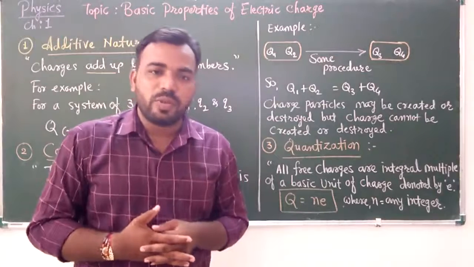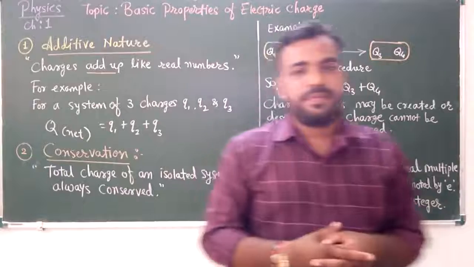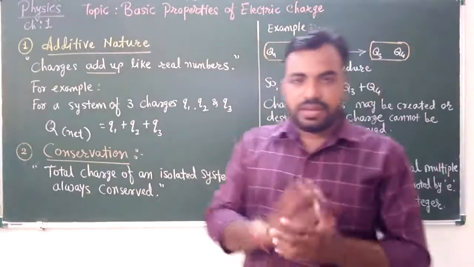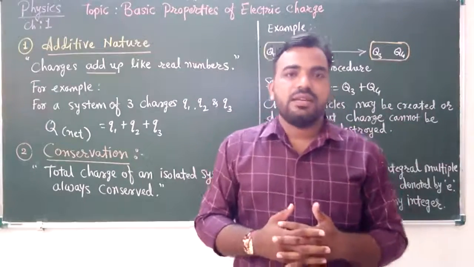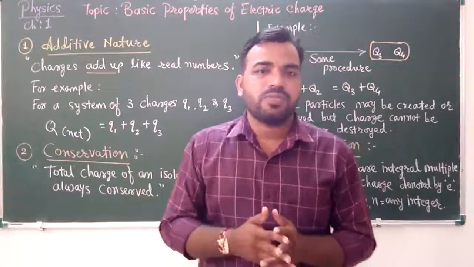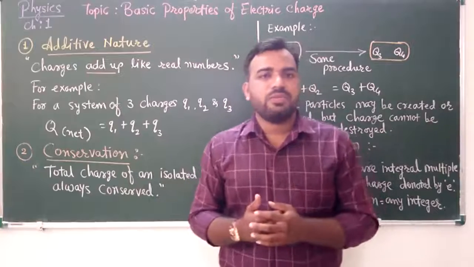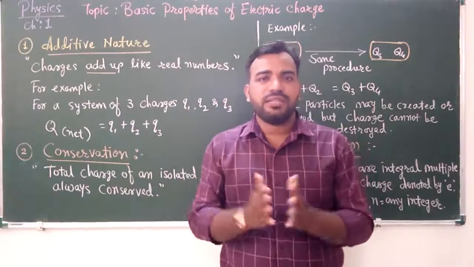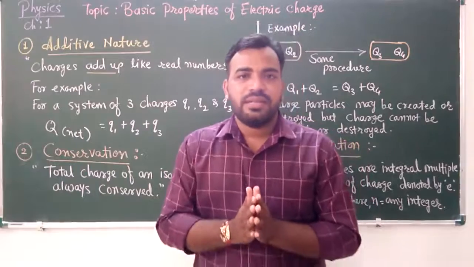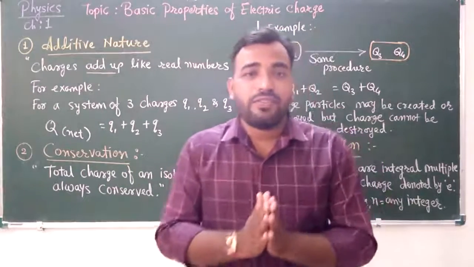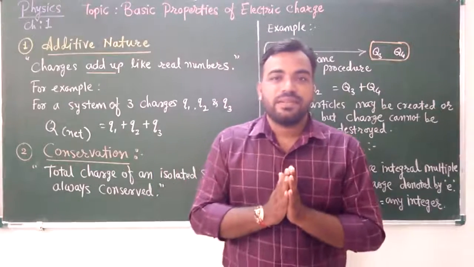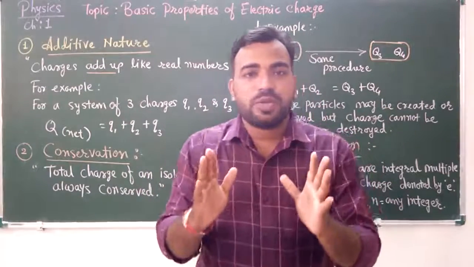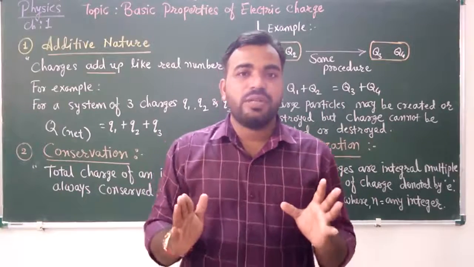The third property is quantization. Now dear students, if we ask how many students are there in your classroom, you will say there are 25 students, or 30 students, but nobody will say that there are 25.5 students or 30.5 students, because the quantity of students is fixed.